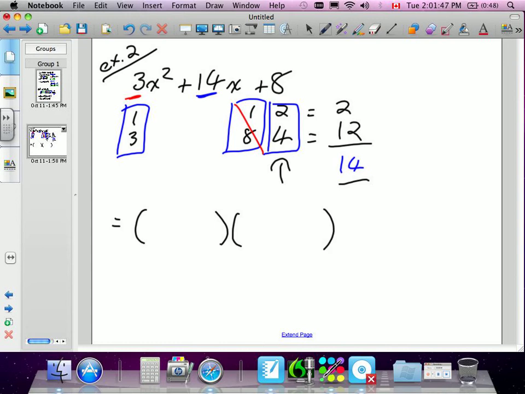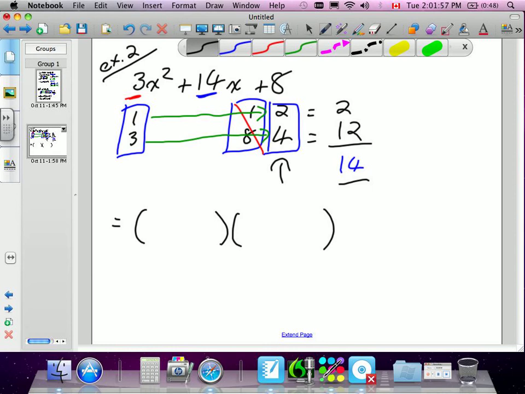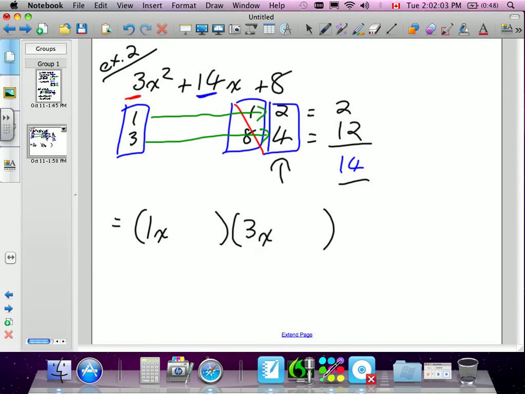But here's what's important. Remember I told you you need to remember what you multiplied by. So we did the 1 times 2 and the 3 times 4. I'm going to put my first terms in first. So I have 1x and 3x. Because I multiplied the 1 times 2, the 2 has to go in the opposite bracket of the 1.